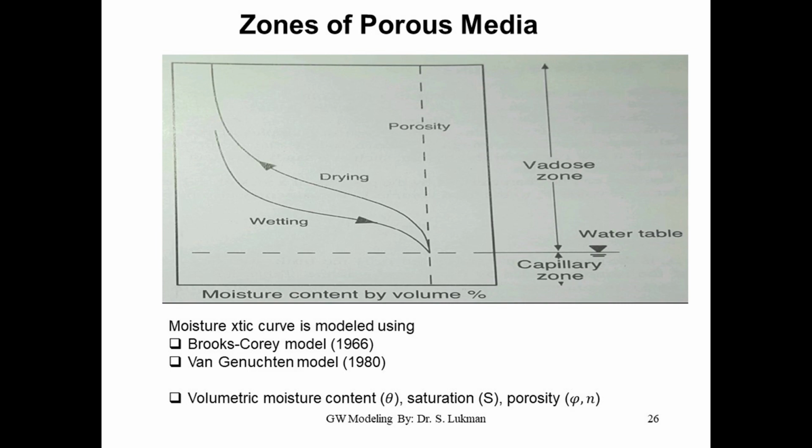This is just the total amount of voids over the total volume. But the effective porosity takes care of only the interconnected voids, which is what we are after in the saturated zone. In the unsaturated zone, yes, this suffices. But in the saturated zone, no. We need to talk about the amount of the interconnected interstices. Is that clear? And then we will also talk about primary porosity and secondary porosity. Okay? But that will be in the next lecture.